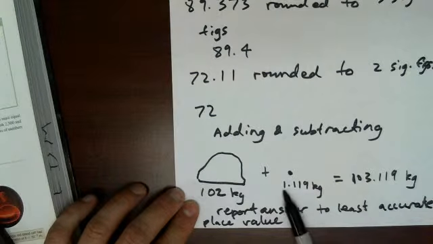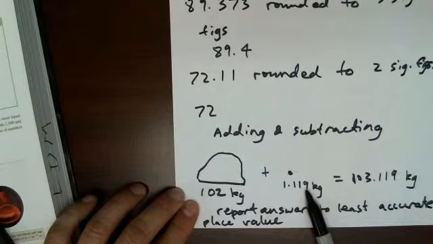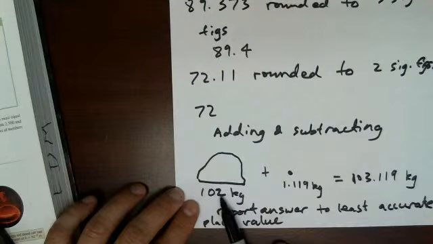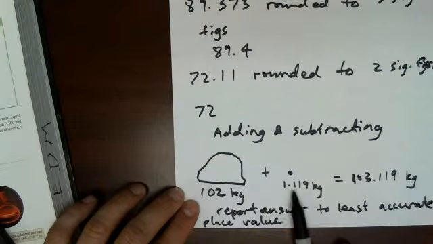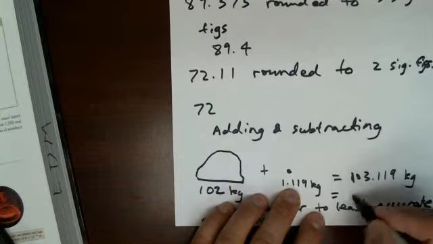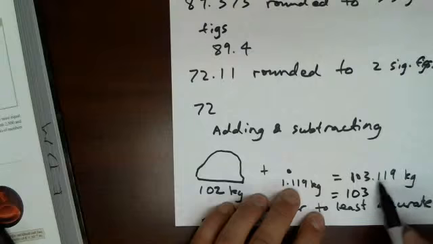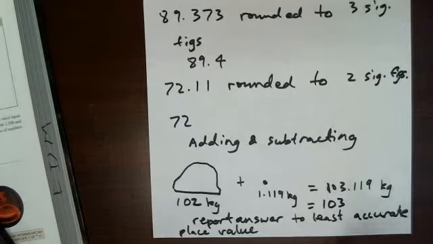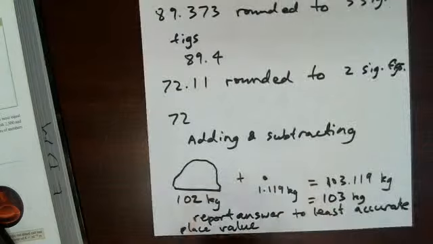If we had a look at this, we'd have the ones, the tenths, the hundredths, the thousandths place value. And so we're only confident to the ones on this one. We're more accurate here, but we can only report the answer to the least accurate quantity. And so we must report this answer as 103, and you use rounding here, and that would be the accepted way that we'd report that.